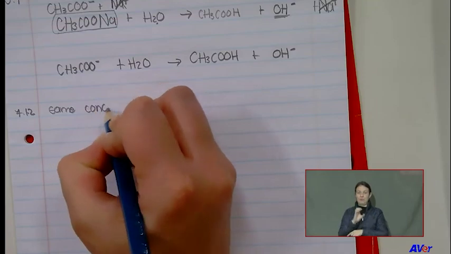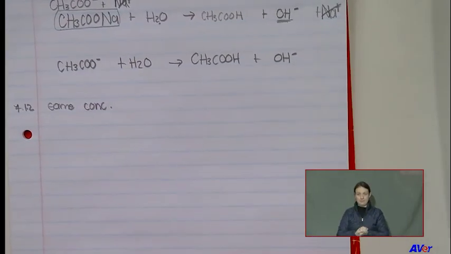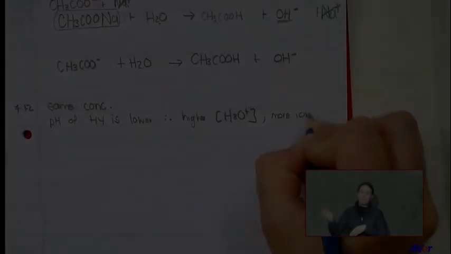So for the same concentration, the pH of HY is lower. Therefore, it has a higher concentration of hydronium ions, which means it is more ionized.